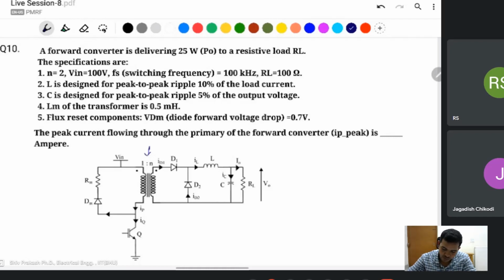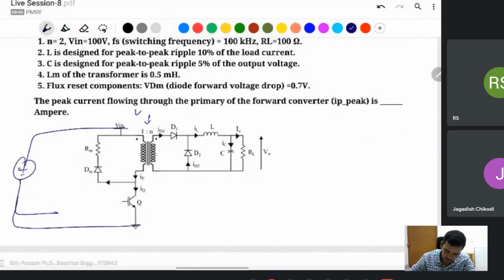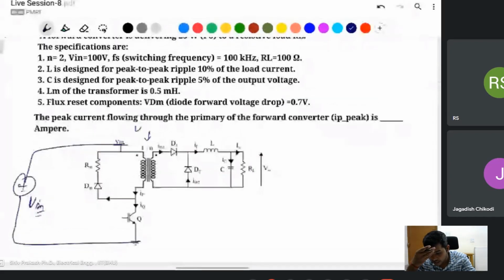Vin is 100 volt. System frequency is 100 kilohertz.